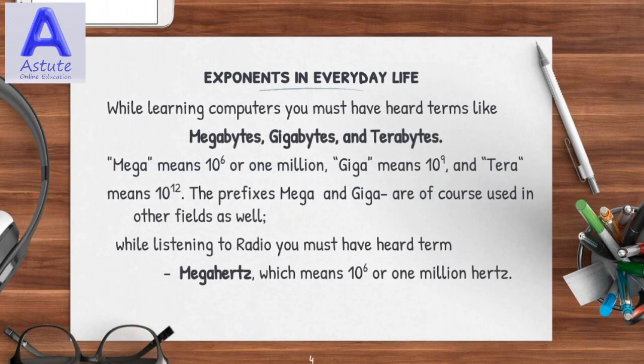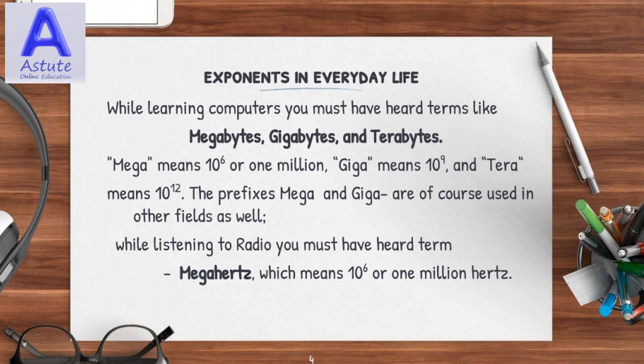Exponents in everyday life. While learning computers, you must have heard terms like megabytes, gigabytes, and terabytes. Mega means 10 to the power 6, or 1 million. Giga means 10 to the power 9 and tera means 10 to the power 12.